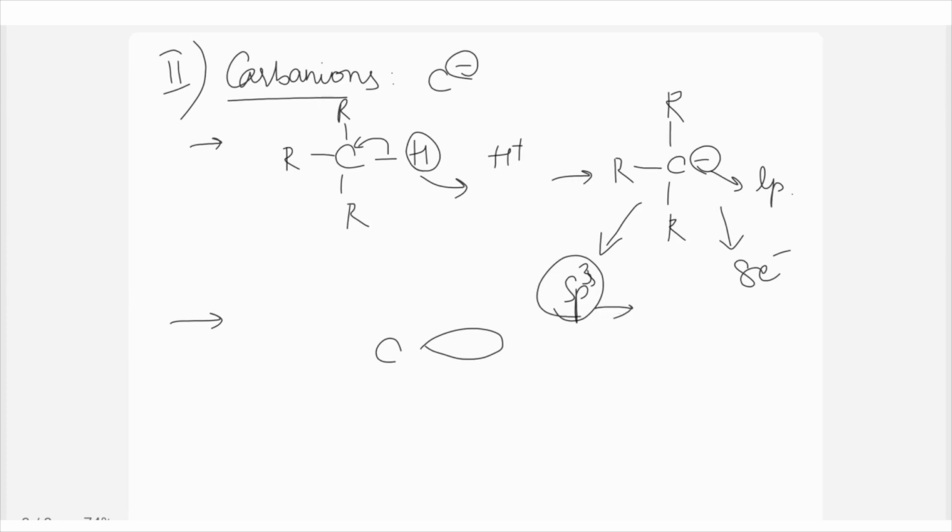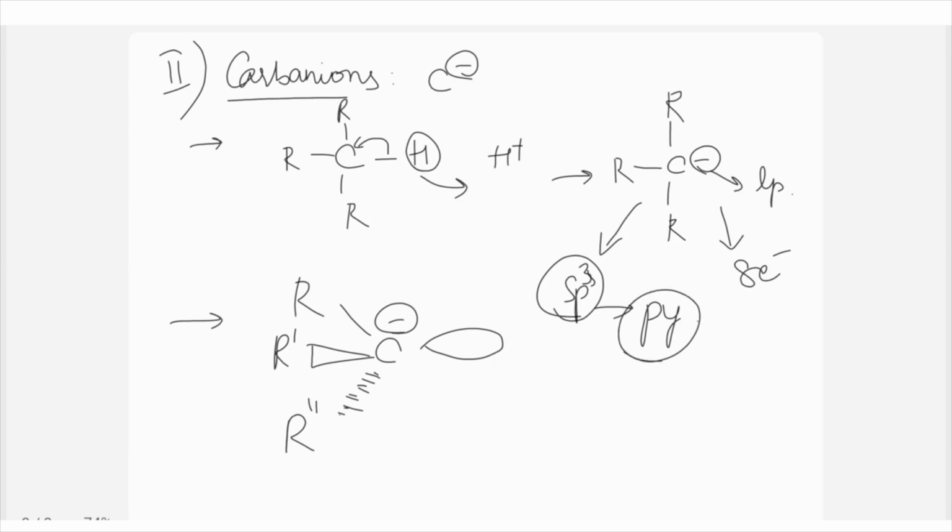Whenever there is sp3 it has to be tetrahedral, but here it is pyramidal geometry. It's because carbon and hydrogen's electronegativity difference is not very high. In such a case the repulsions are not going to be that high. Because of that the arrangement is pyramidal instead of tetrahedral. Okay, this is about the carbanion and its structure and arrangement, orbital structure also.